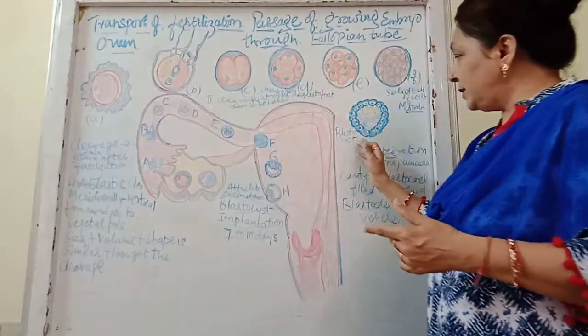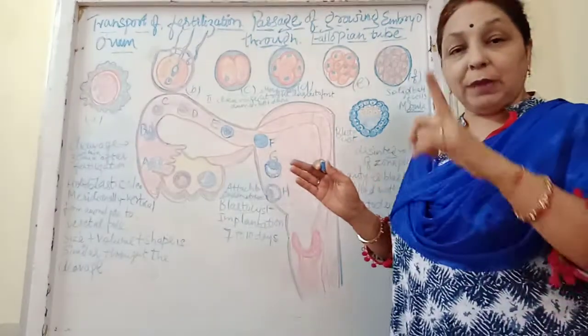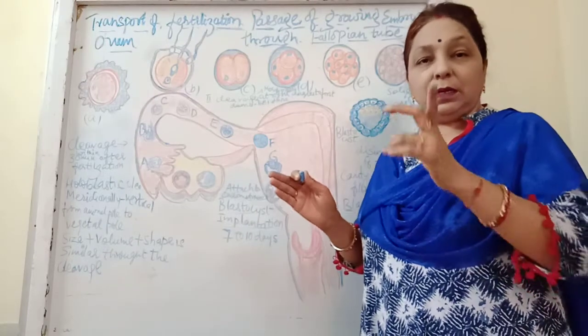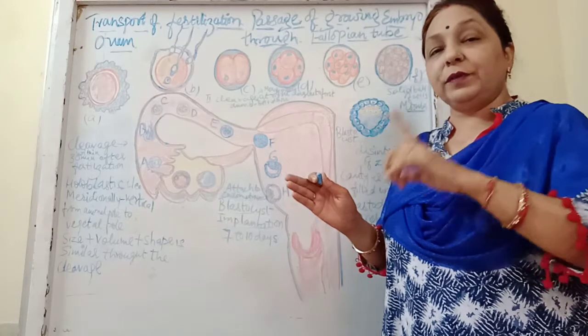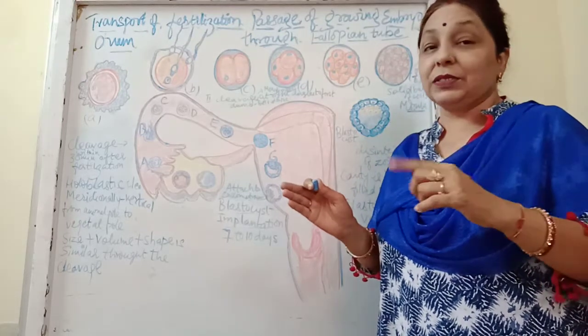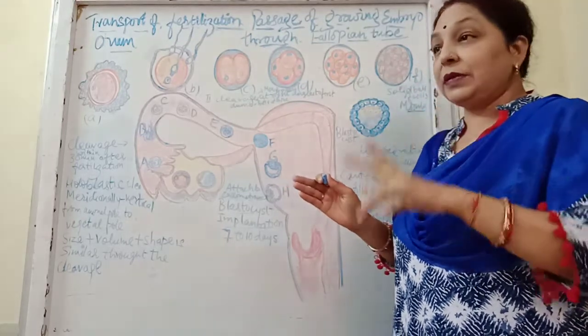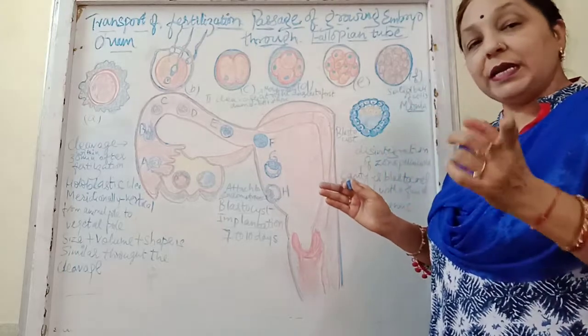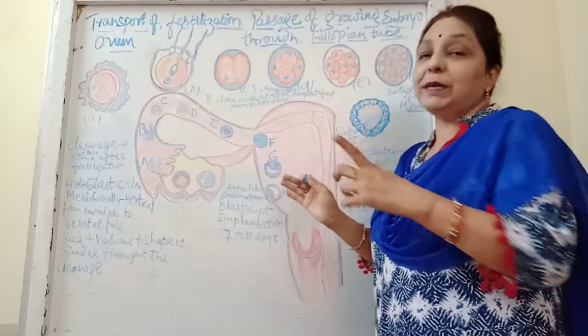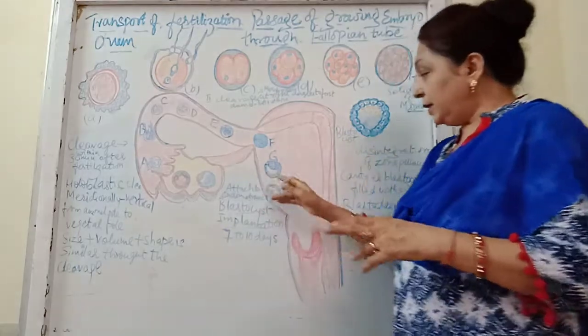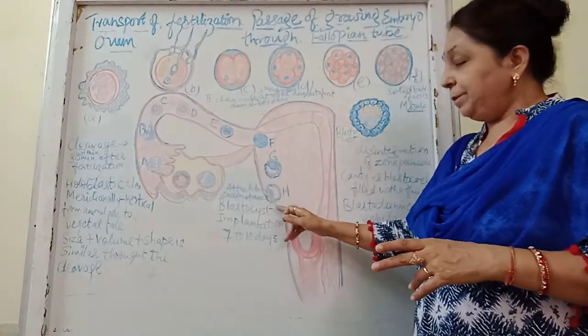The amnion membrane will form the amniotic cavity. It will protect the embryo and it will not allow it to desiccate, whereas the chorion and allantois help in the formation of the placenta, which will be attached to the uterine wall.